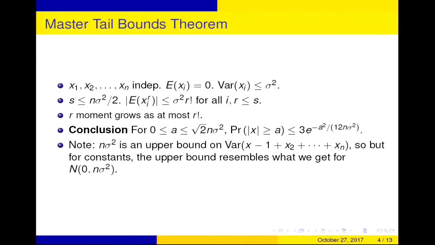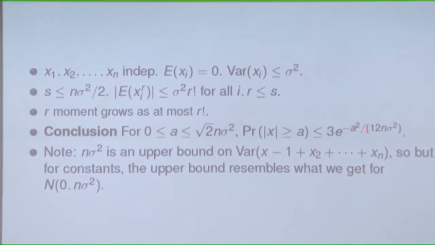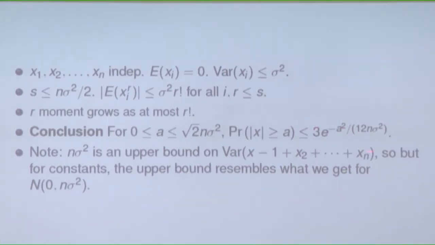So if I did have the central limit theorem type behavior, then this is correct. I would have a squared divided by the variance. I'm not worried about constants. The 12 is higher than what the central limit theorem will give you, which would give you 2, but we're getting it for all n. So within constants, it is like the behavior of the central limit theorem.